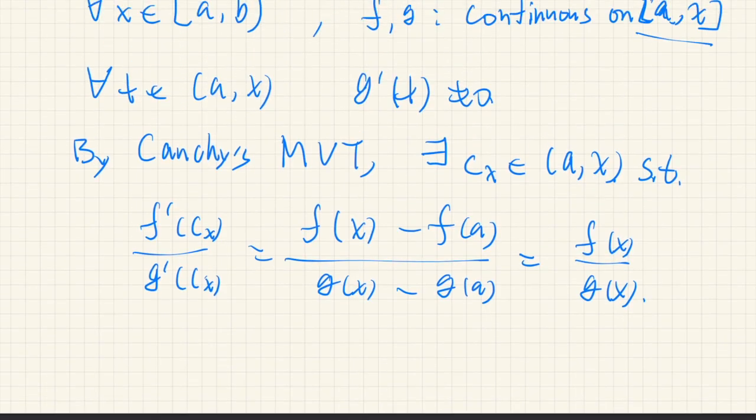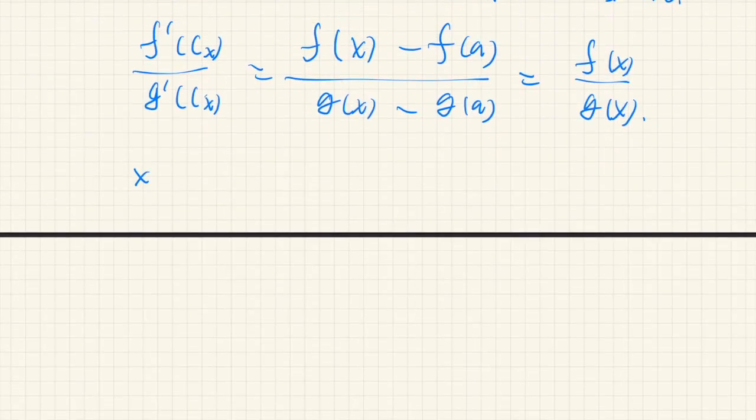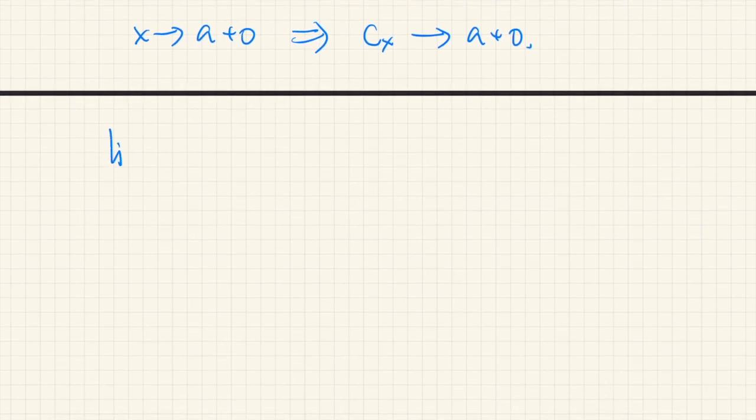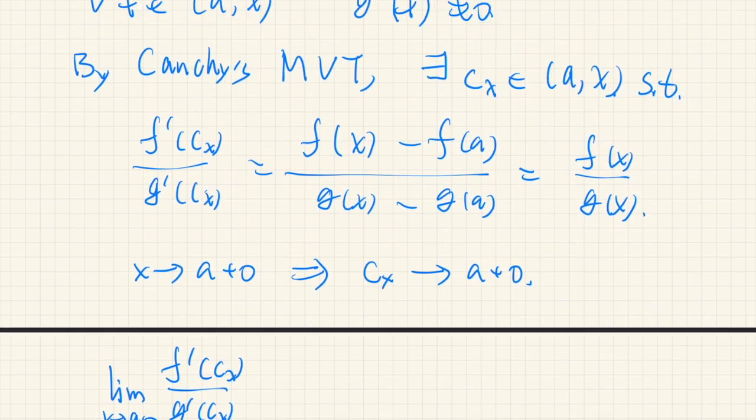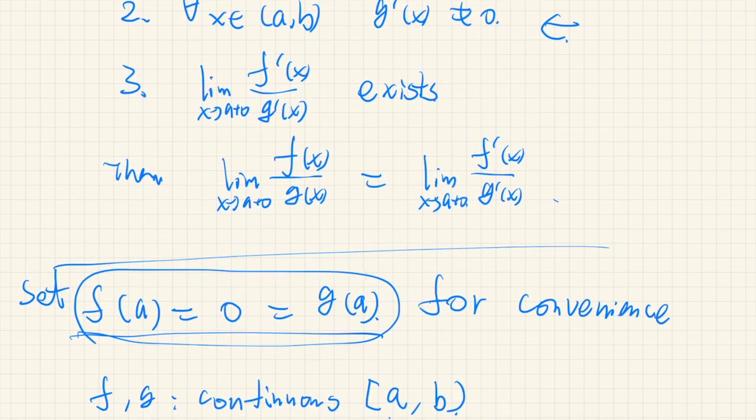And now, if we move x to a from the right, that implies c of x also converges to a from the right. And this limit of f prime of c(x) over g prime of c(x) as x goes to a from the right exists according to condition 3.